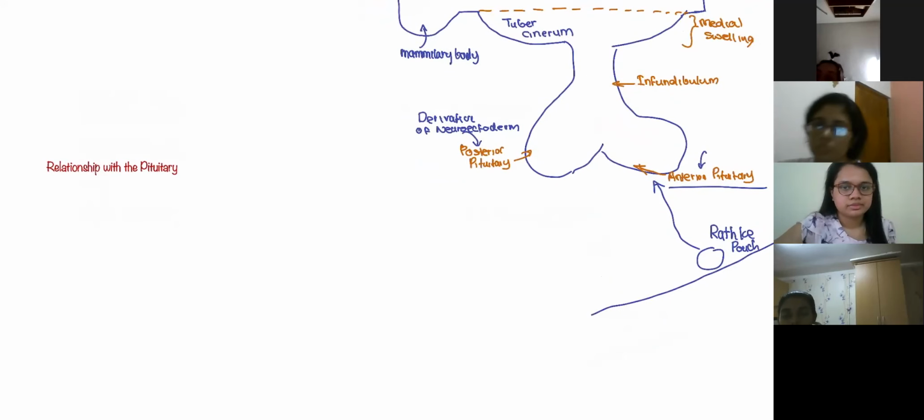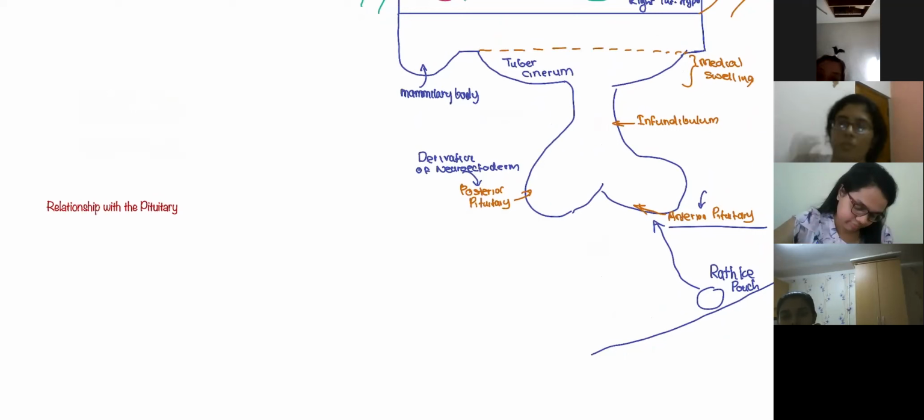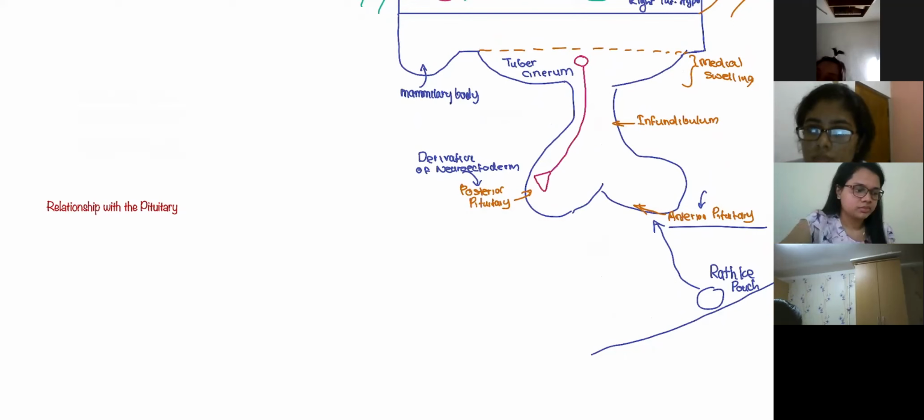And the reason for that is there are nerves. Here is the cell body of the nerve, and here's the axon, and here is its terminal. Okay. There are nerves which go here like this.